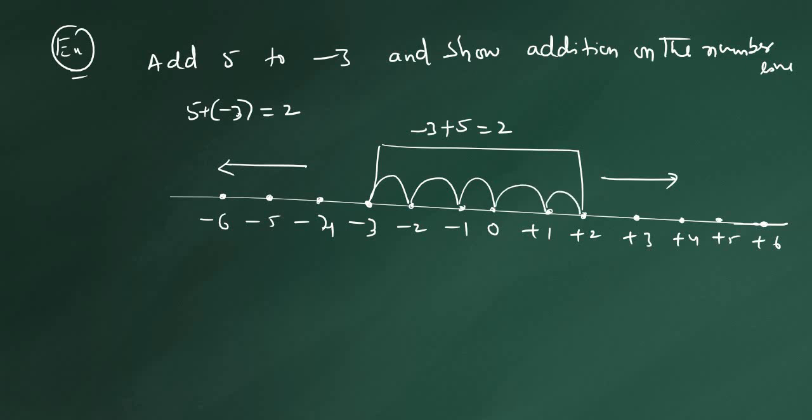This is the representation of the addition of 5 to minus 3. So when a positive integer is added, we should move towards the right on the number line. So we are moving to the right on the number line. This is the correct representation on the number line.